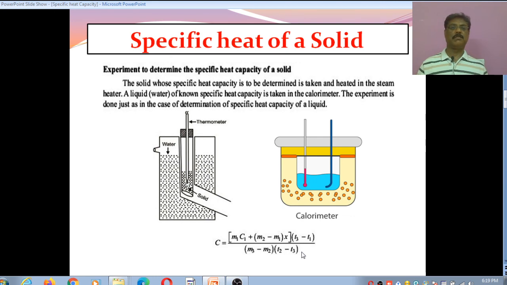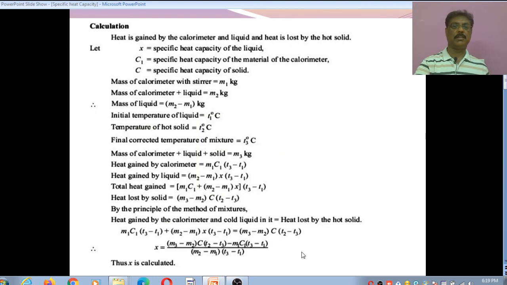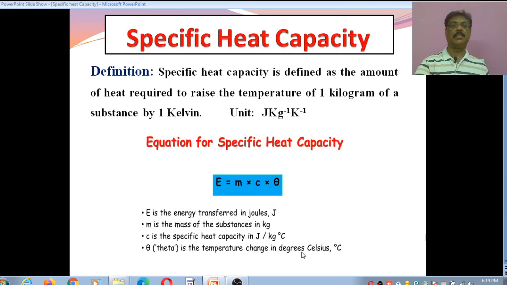With this, we have seen from the beginning the definition of specific heat capacity: the amount of heat required to raise the temperature of 1 kilogram of a substance by 1 Kelvin. Its unit is joule per kilogram per Kelvin. The formula is E equals m c theta.